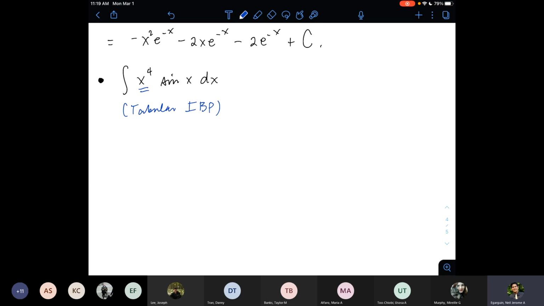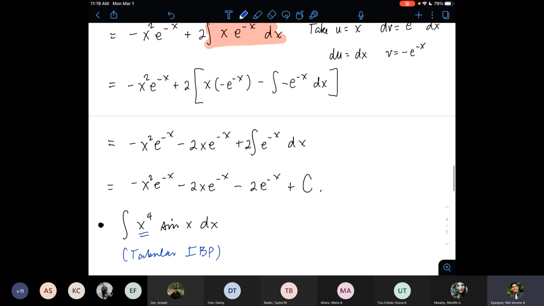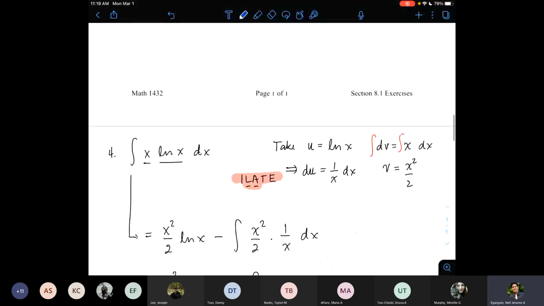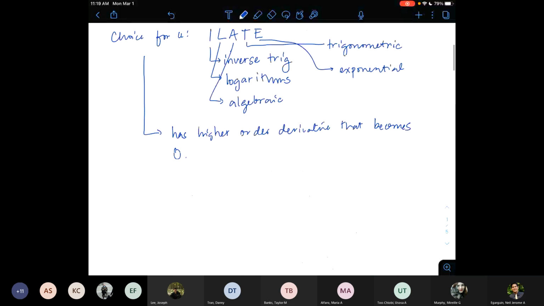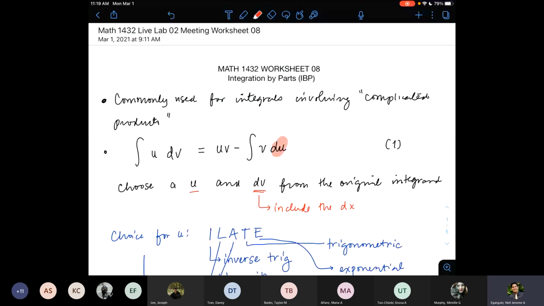So if I keep on choosing u to be x to the fourth, and all of its derivatives, then eventually the du's will be equal to 0. And I like the du's to eventually equal 0 because remember, in formula number 1, du appears over here.